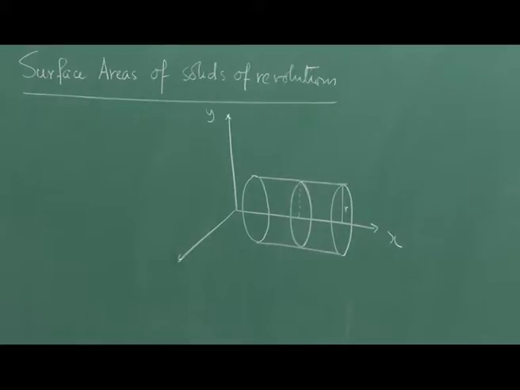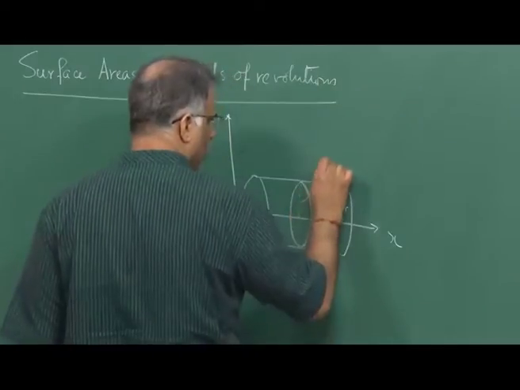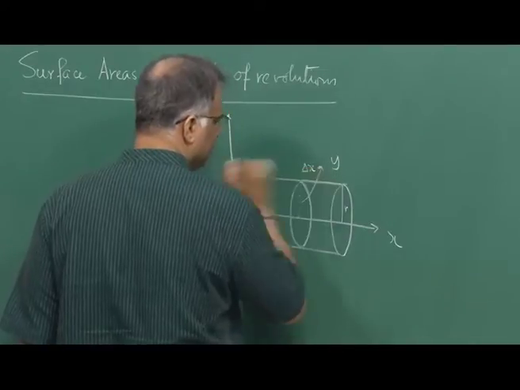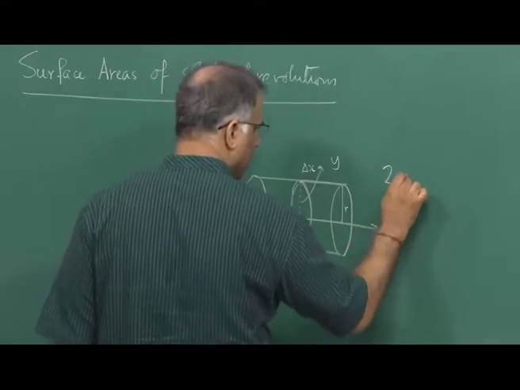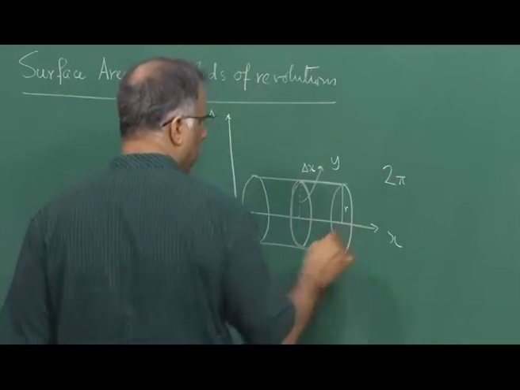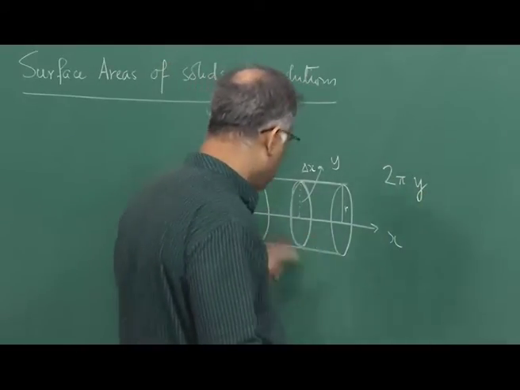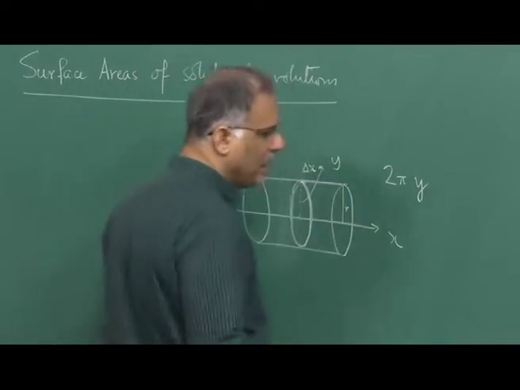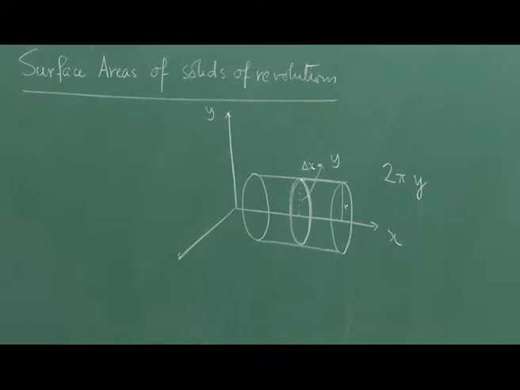So, this is your y, or r or whatever, and this is your change in x, del x. So, it is basically 2 pi y that is the surface area when I make the change of del x.